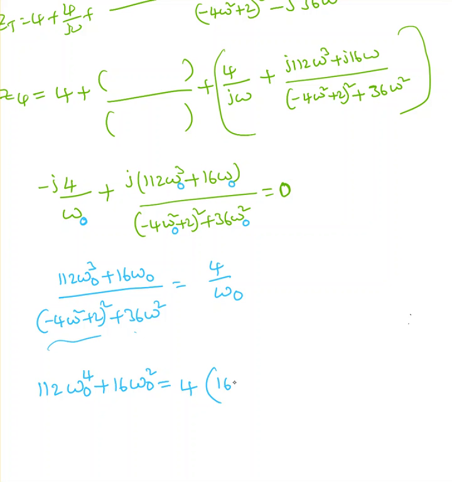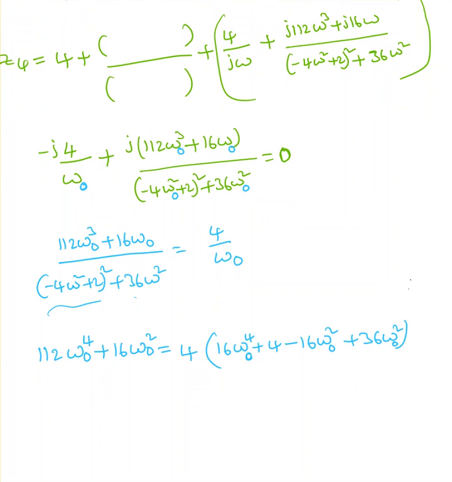That is 16 omega to the power of 4 plus 4 minus 16 omega square. When I expand that, that's what that value is, and I have plus 36 omega square. Okay, now I'm going to simplify this equation, my apology, it's not circuit, it's mathematical equation.